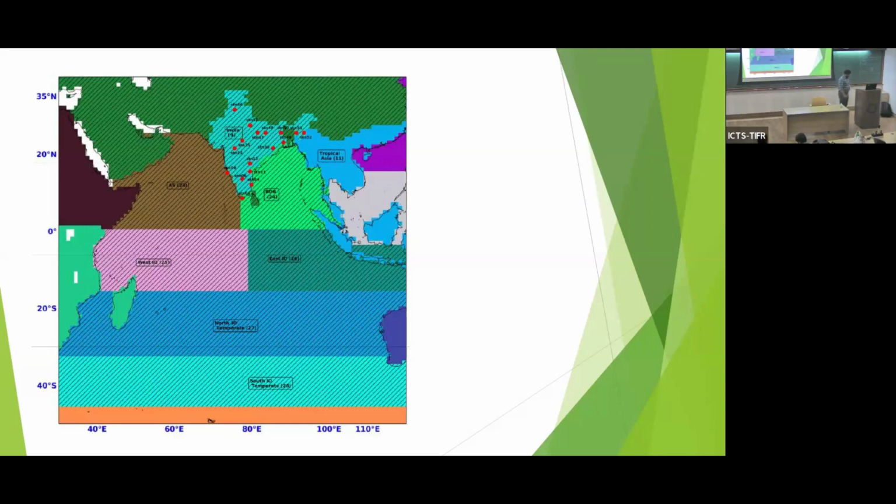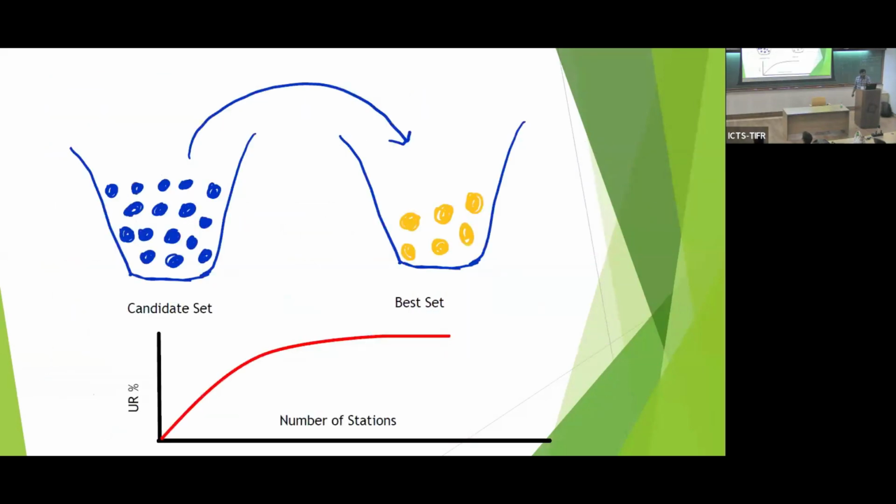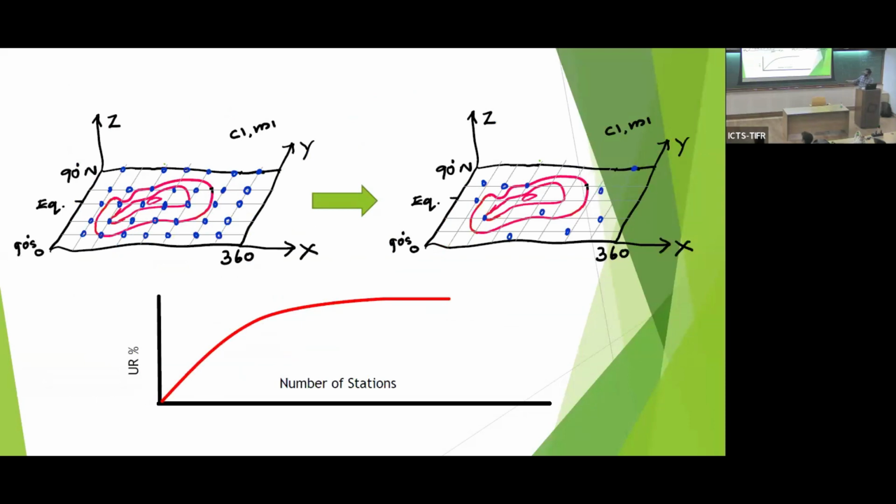So this is what is happening in data assimilation at a very basic level. In our previous experiments doing that method, this is called incremental optimization. Every time you add one station and see the benefit. So finally I come up with this: I need only this many data to represent this problem.